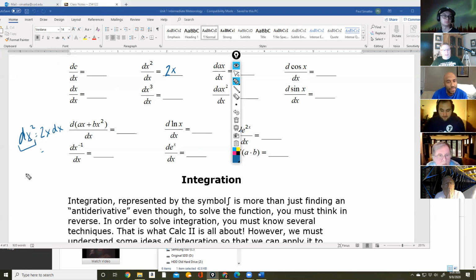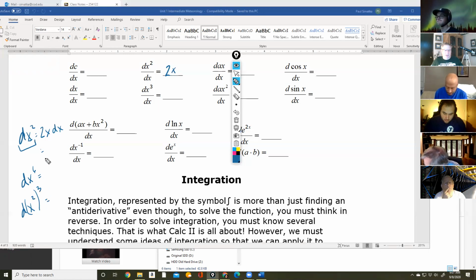So let's say I did, and I just want you to look at it this way, dx to the 6th. We can say that that is dx squared to the 3rd power. Do you agree that x squared to the 3rd power is x to the 6th?